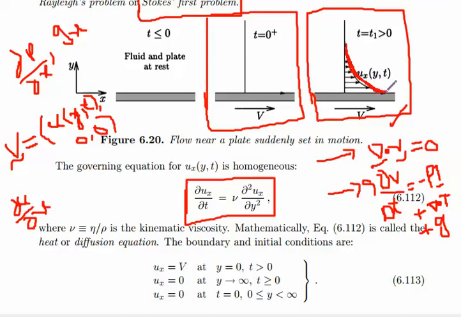Once the plate starts moving with uniform velocity v, the profile will be exactly like this one.